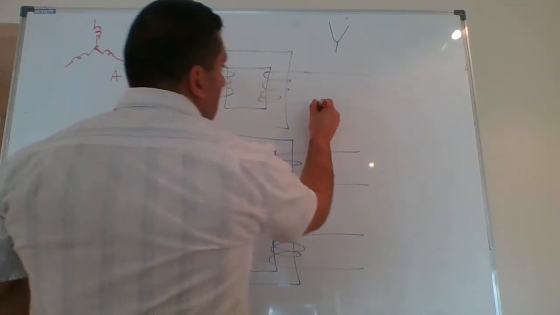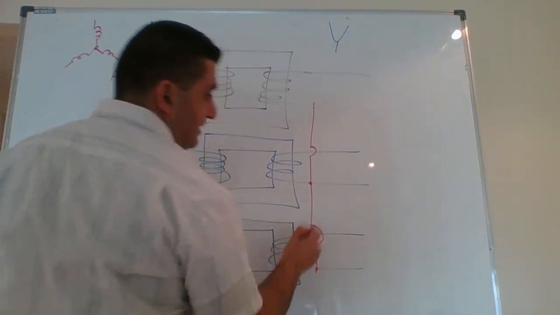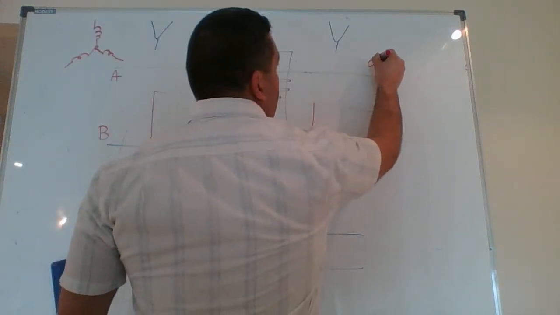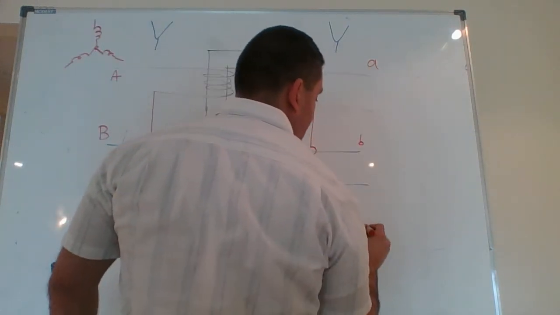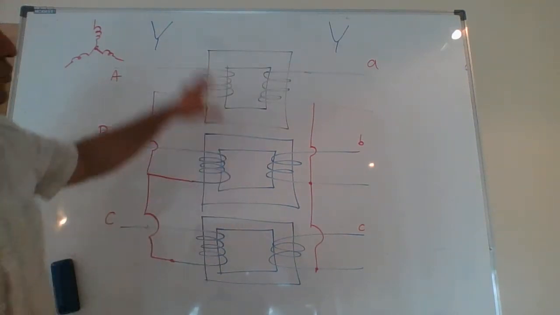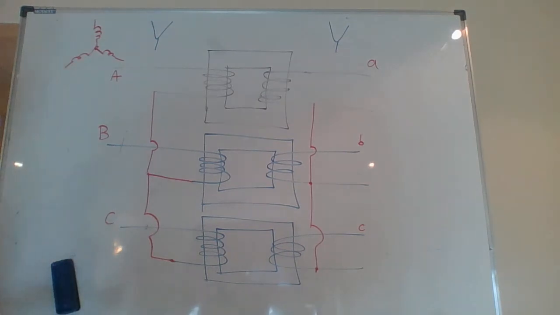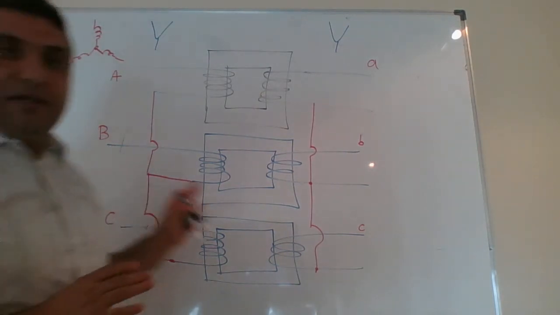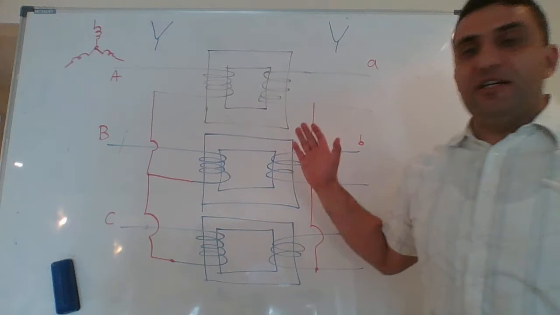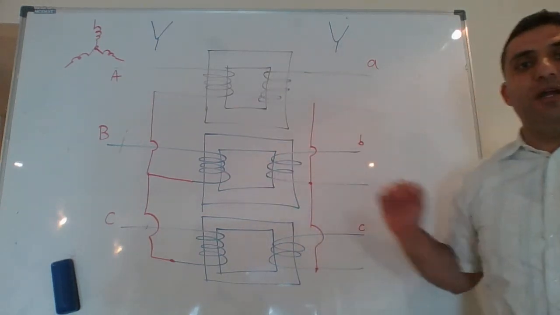Look, I connect, this is my Y, and this will become A, B, C. That's how I connected three single-phase transformers to form Y connections. Is that clear? I hope it's clear how I use three single-phase transformers to connect into Y and Y.